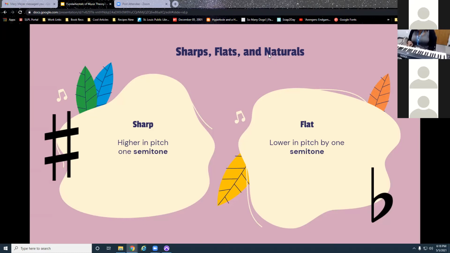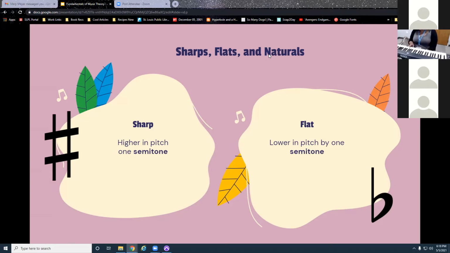So if we start on C and we go up one, then we're going C flat. Then we have D, but going in reverse, D back up to this key would be D sharp. Is that kind of confusing or does that make sense? So going to the left, one semitone is going to be sharp. Going to the right, one semitone is going to be flat.